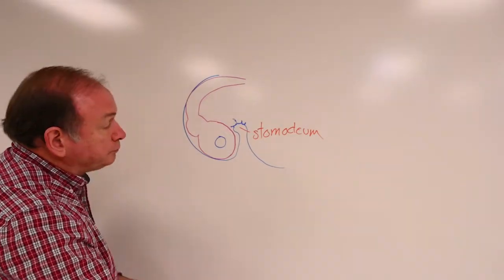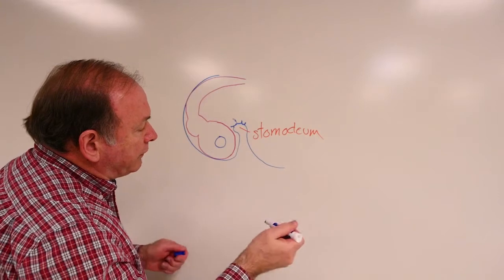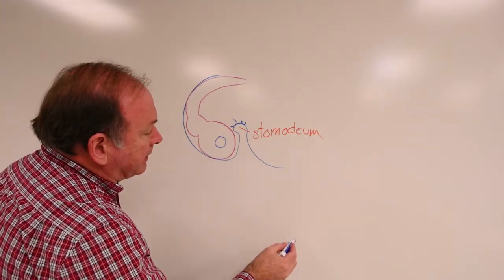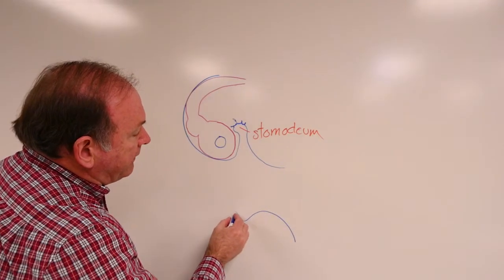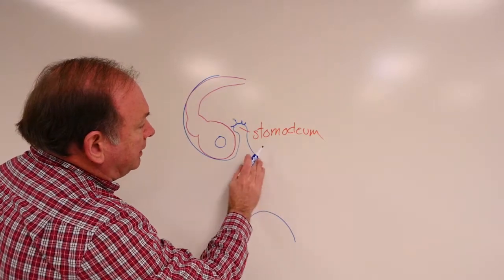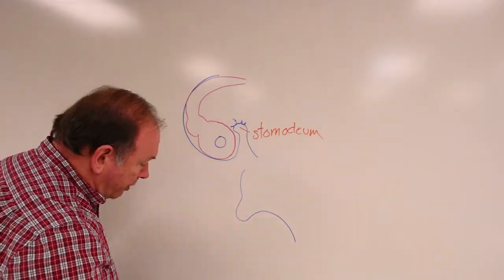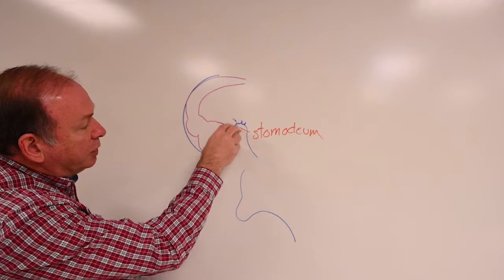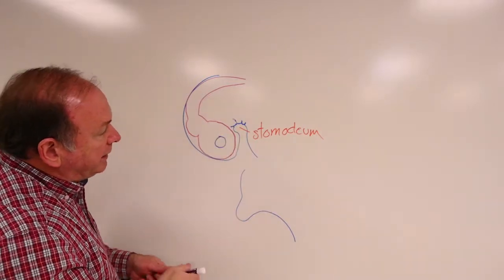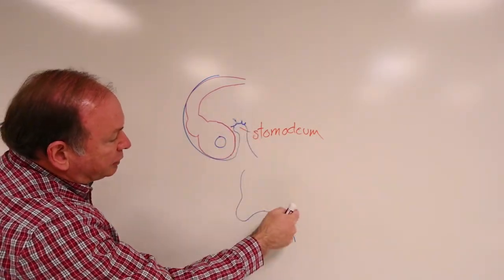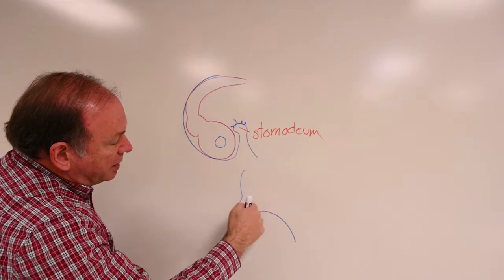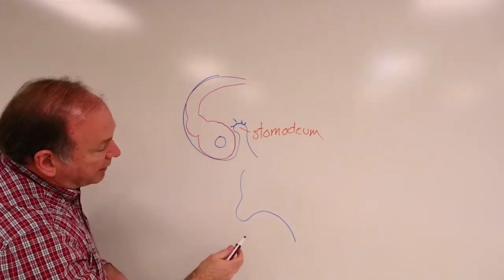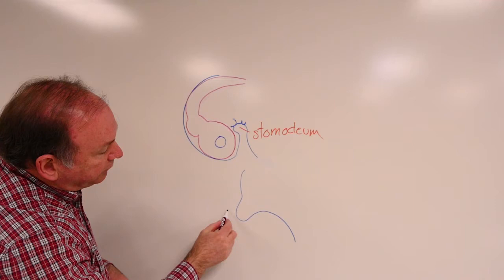So, right in here in the roof of that stomodium, if we look at that going up in there, it develops a little pocket in there, right close to where the brain lies. So this would be this bulge. That'd be a magnified view of that right there. So right here, this is in the stomodium. This is all stomodium. Coming in right here, we have it coming up close to the floor of the brain.